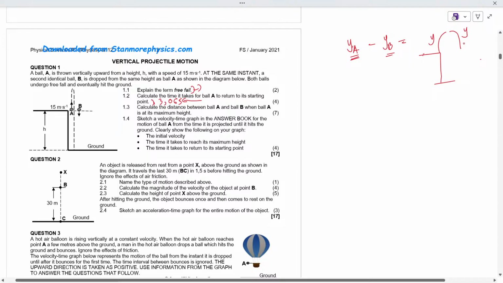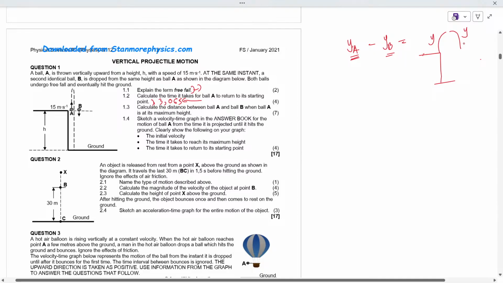Okay, you are right. What do you know about the time of going up and the time of going down? It's equal. Equal, meaning you can get the time of going up or going down by doing what to the total time?